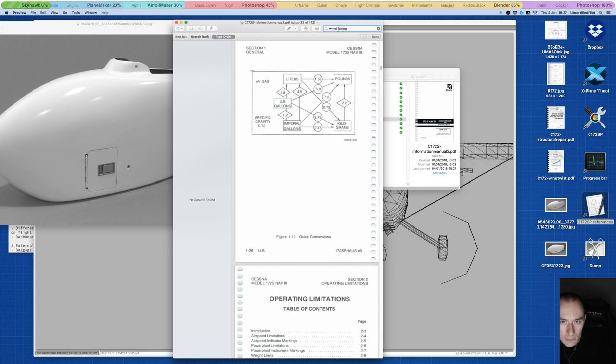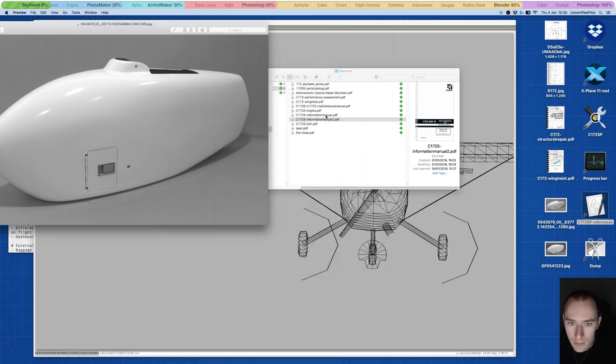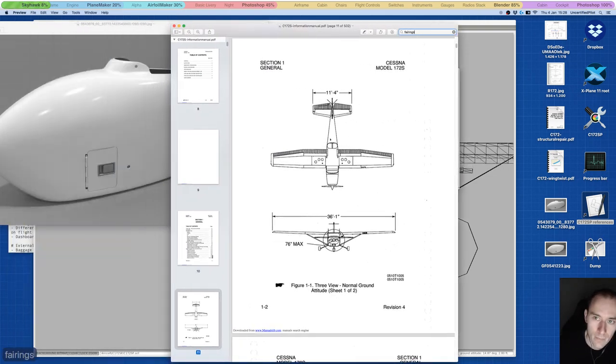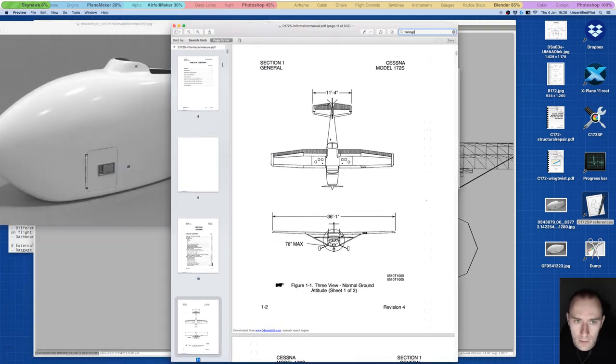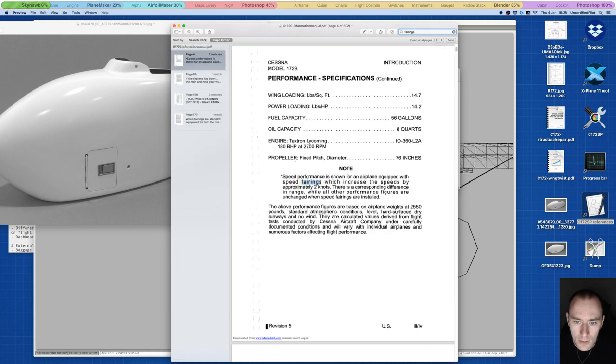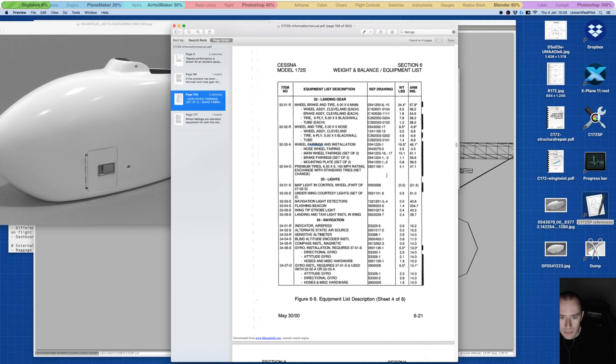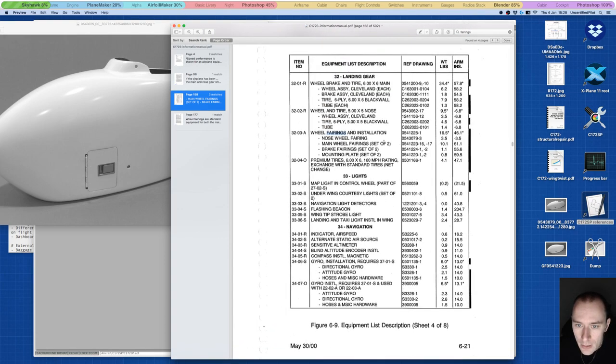Hello? That's interesting. Yeah, this is the same. Yeah, perhaps this also is available for the Pitot tube. Wheel fairings and installation.